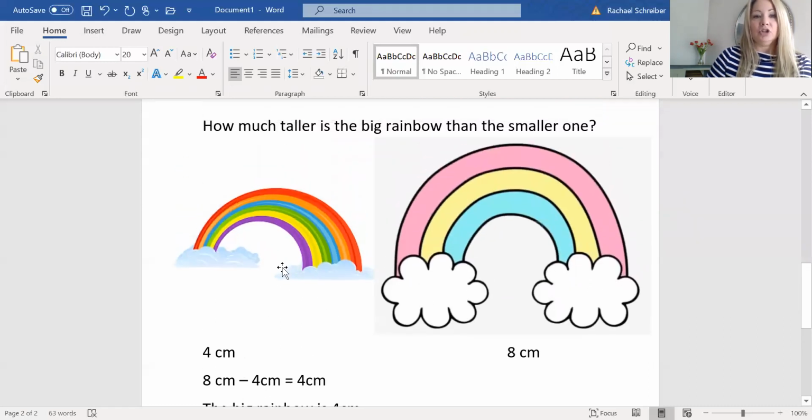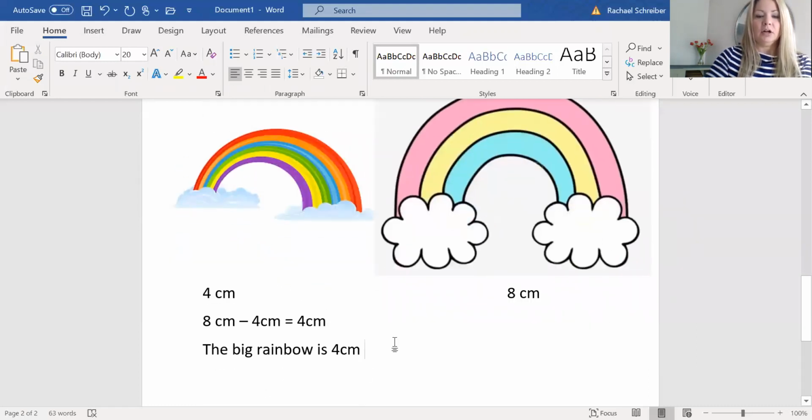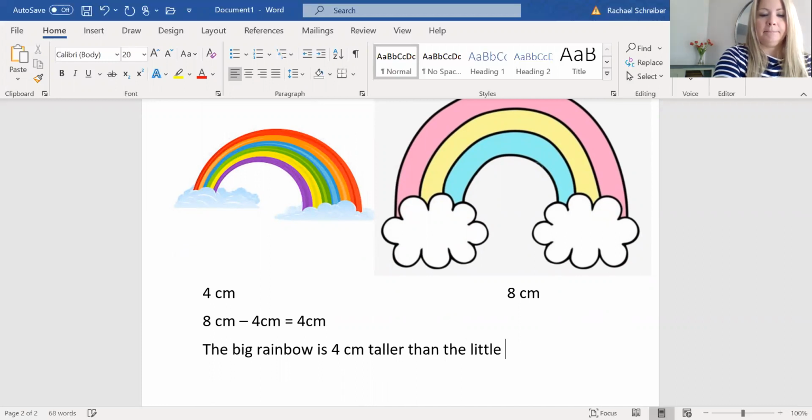And it asked us how much taller. So it's 4 centimeters taller than the little rainbow. And then, yep, we always should probably underline that answer and that label that we put on it.